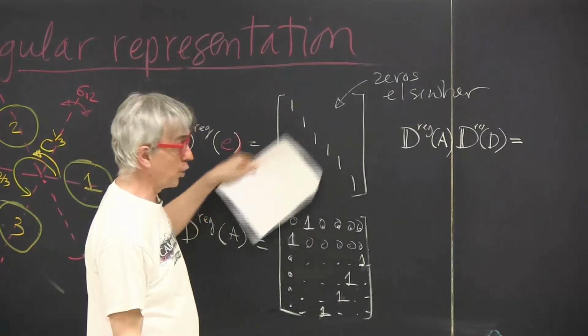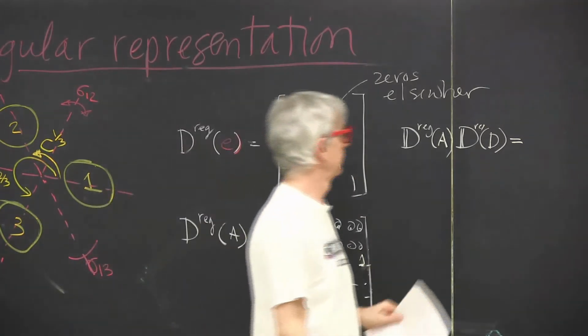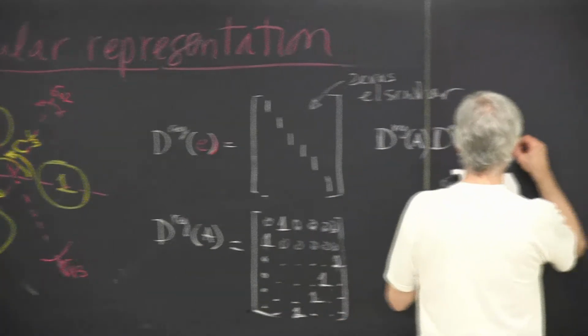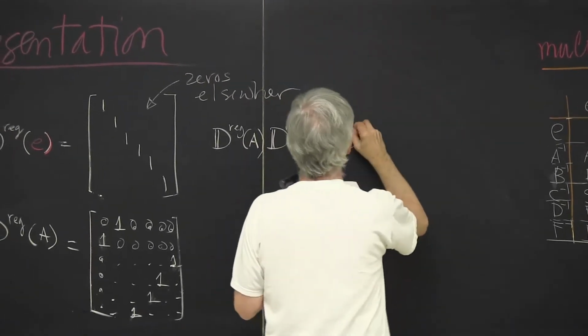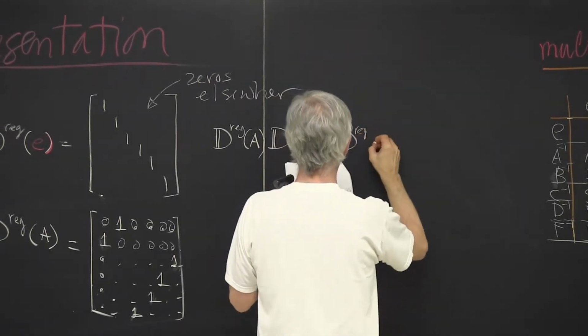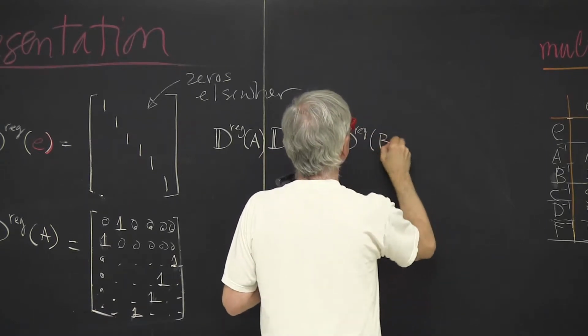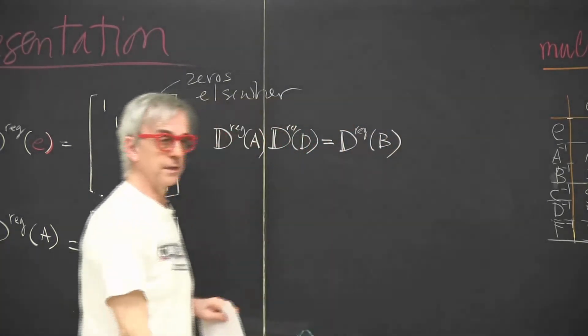The rest is 0, so it will belong to this group of matrices. And indeed, you can verify in a particular case, and then you can prove it very simply in a general case, that this will obey our multiplication table.